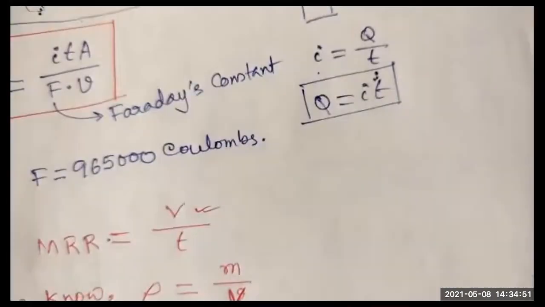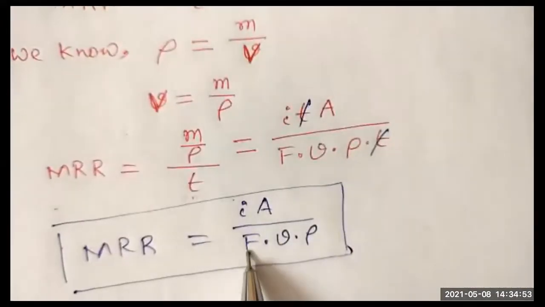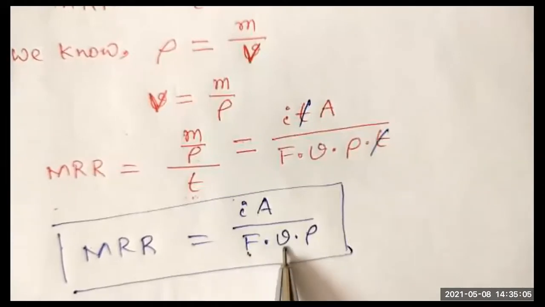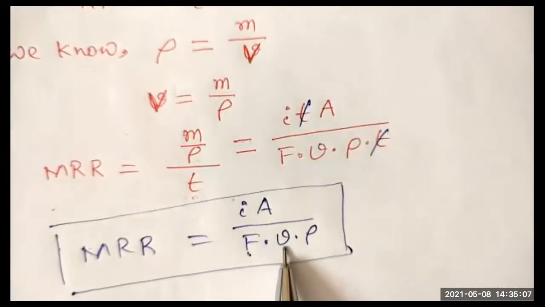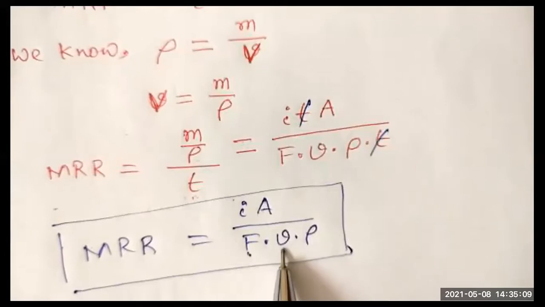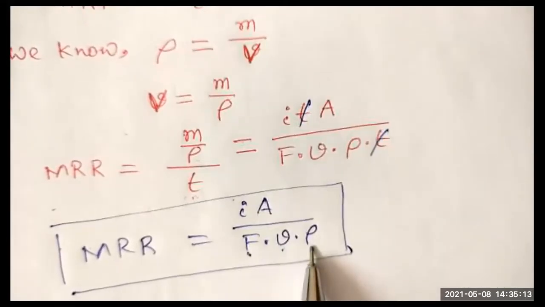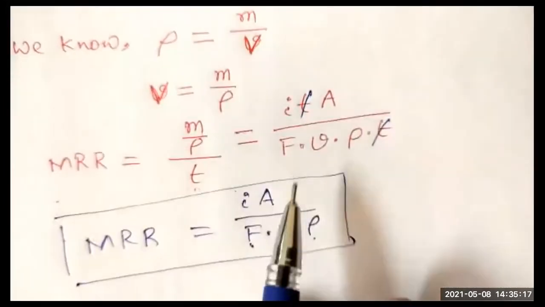And then F is nothing but the Faraday's constant, which is equal to 965,000 coulombs. Then V is nothing but the valency. And then what is rho? Rho is nothing but the density.